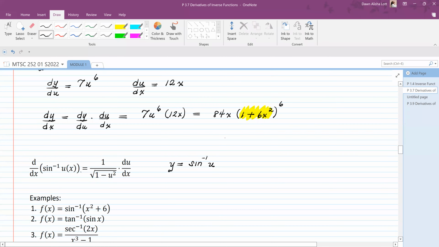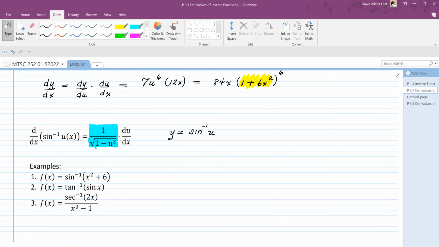So therefore, when I take the derivative of this, here's the derivative. Notice this piece right here, that is the derivative of the sine inverse. And then we still multiply by the other piece, which is the du dx. Okay.